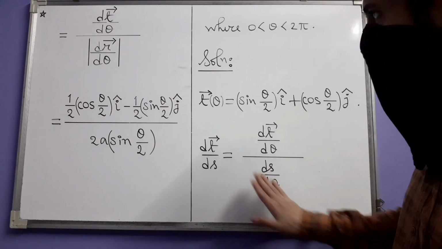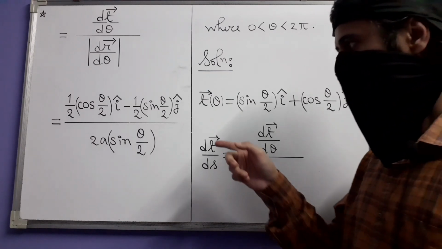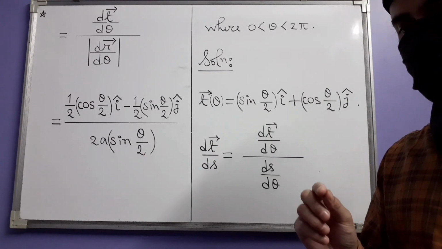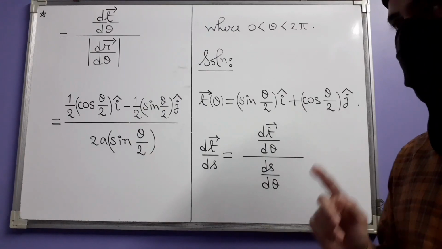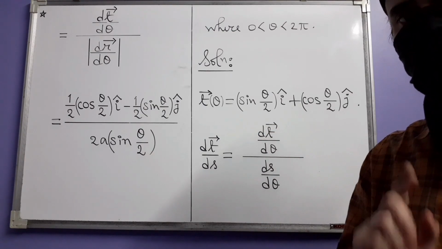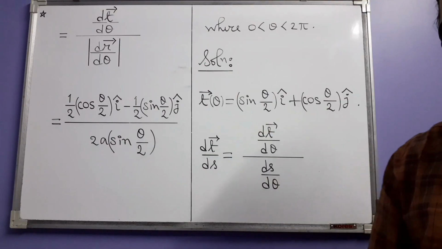But why is this equal to this? To understand why, you go to the figure that we saw today and you analyze how we have dr/ds equal to 1. You just see that from there this is coming.